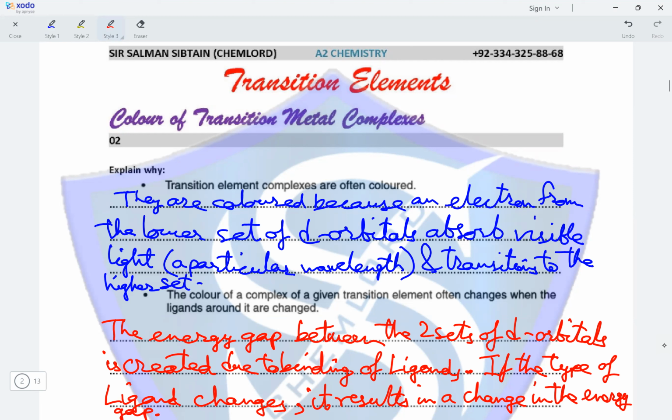And since the energy gap changes, the wavelength of light absorbed also changes.